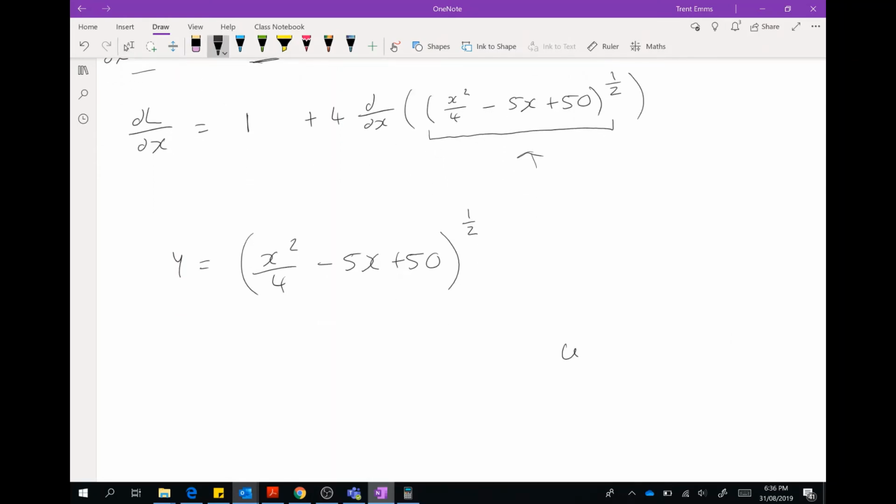Right, we're going to let u equal x squared over 4 minus 5x plus 50, which will then give us y equals u to the power of a half.